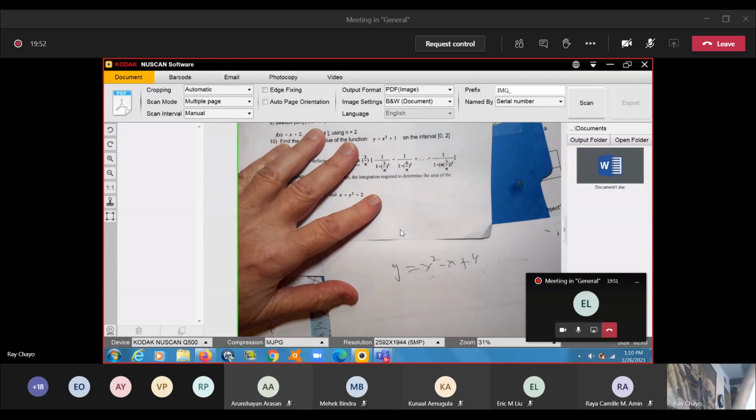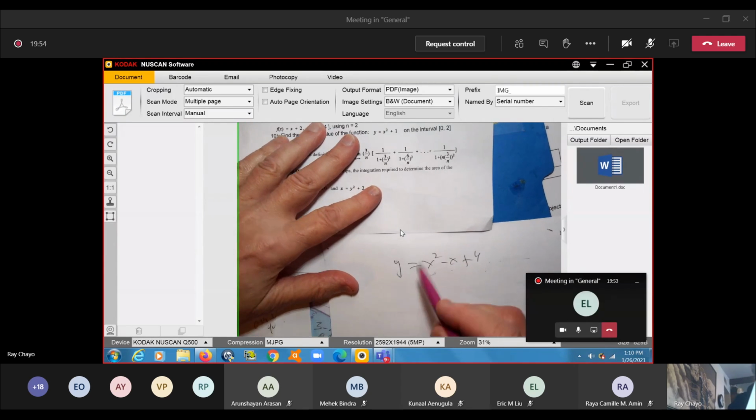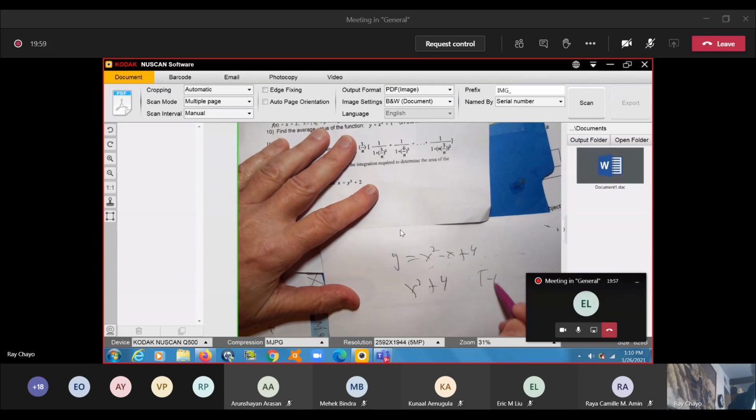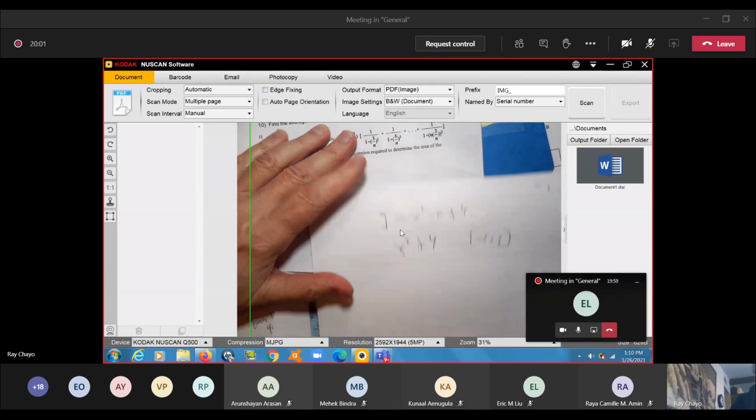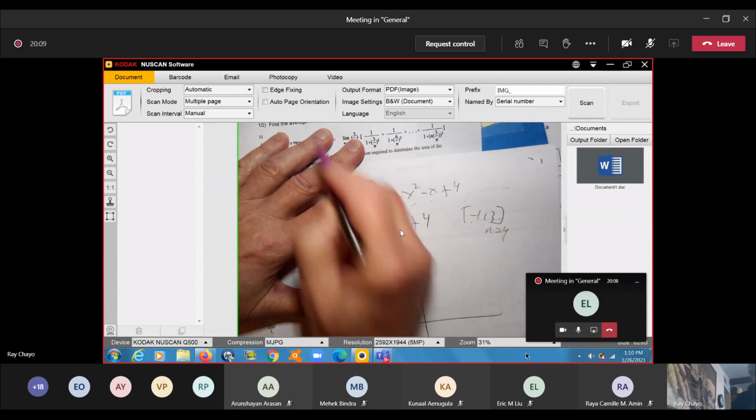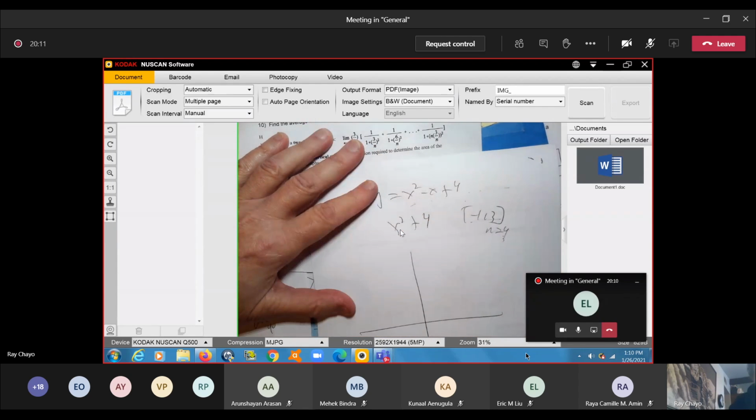So let's do this from -1 to 3, because that distance is 4, and we said 4. That means you could have 4 rectangles. So let's do x squared plus 4, because -1 plus 4 is 3. So negative x squared plus 4.